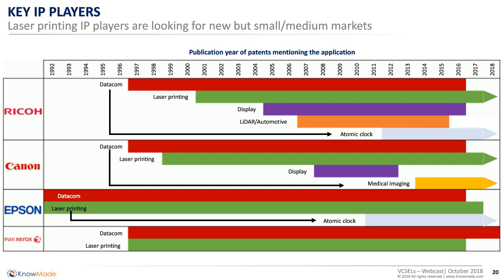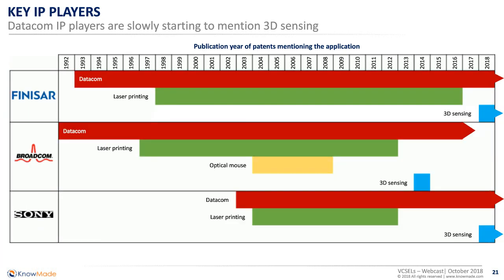Because first of all, if we look at 3D sensing, the first players that I've mentioned are players from the datacom. So you have Finisar, which is well known and I've communicated about its VCSEL for 3D sensing, but you have also Avago Technologies that have started to mention 3D sensing in their patent, and also Sony.